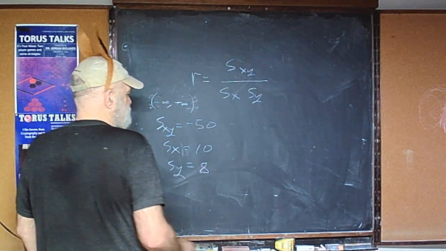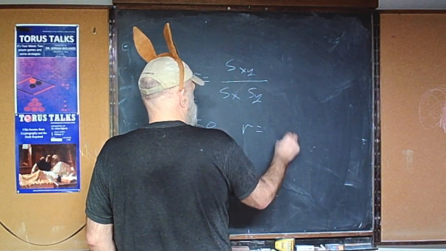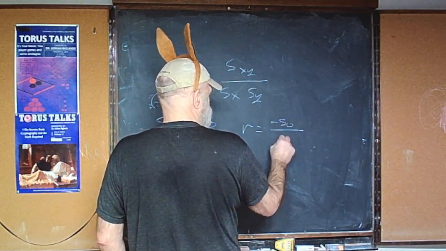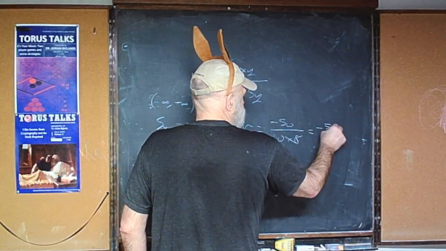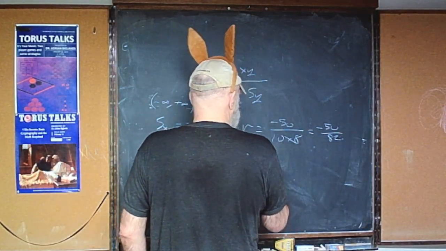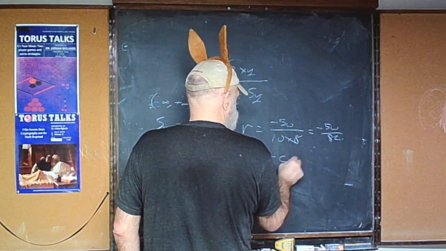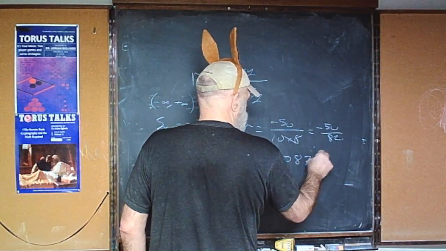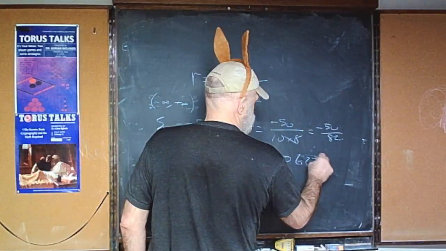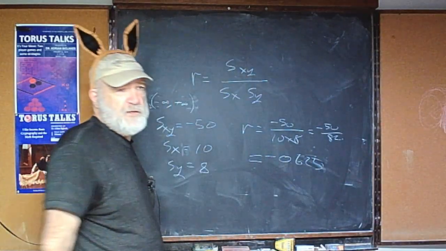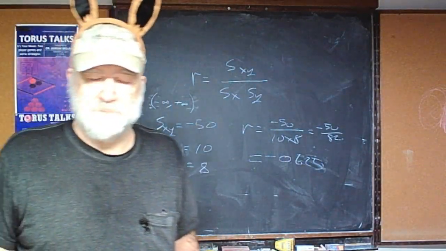Then r is negative 50 divided by 10 times 8, which is negative 50 over 80. So r then is negative 0.625. And that's what there is to finding that.